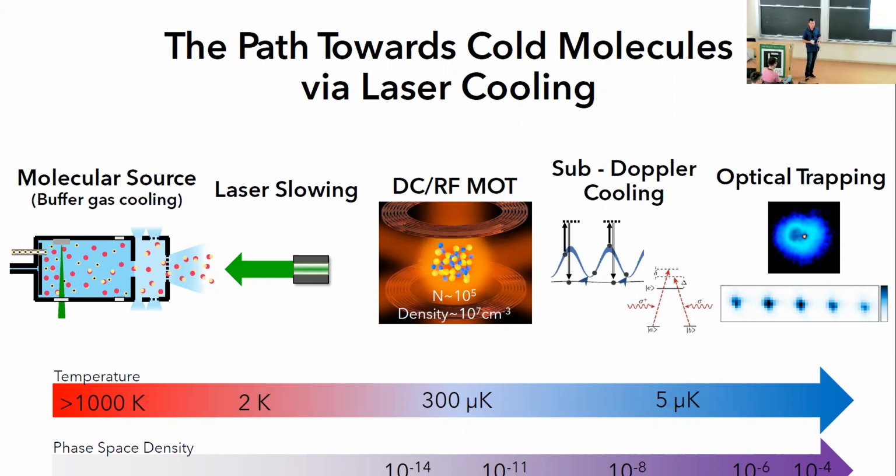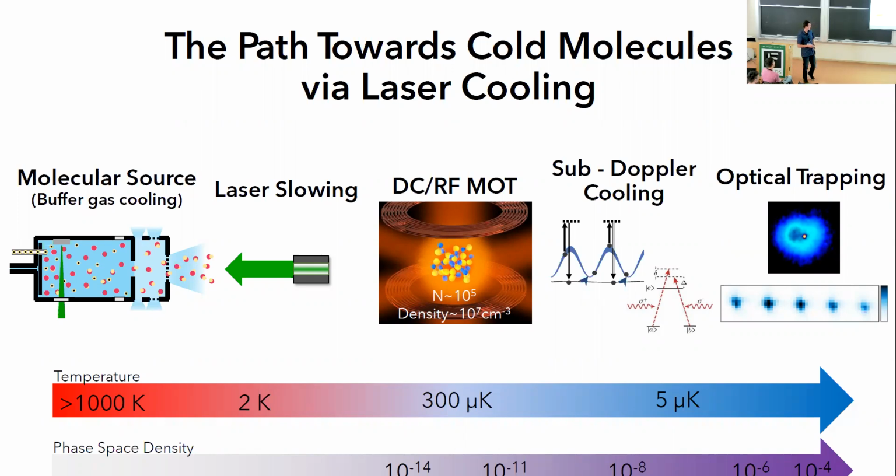At this point, we can then switch over to normal laser cooling techniques of laser slowing as well as magneto-optical trapping to greatly enhance the phase space density of our molecular sample. And then finally, we can do further sub-Doppler cooling and optical trapping of these molecules. Now, of course, because this is a molecule, there are more complications that arise at each of these steps.